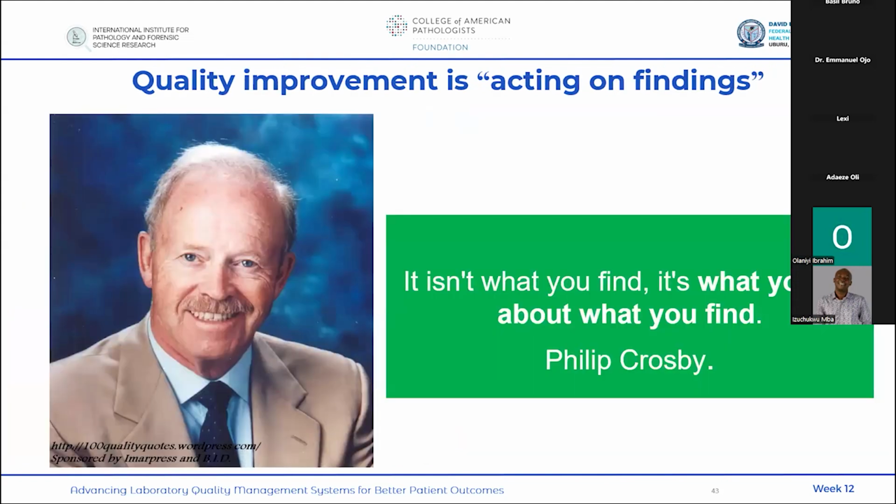So quality improvement simply means acting on your findings. And according to Philip Crosby, it isn't what you find, it is what you do about what you find. Philip Crosby is one of the quality gurus that had some theories about the implementation or the establishment of quality management system, even beyond the healthcare or laboratory setting.